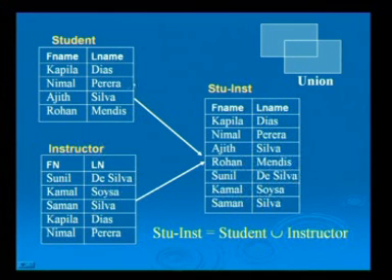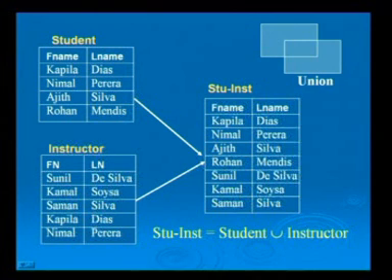This is, let us say, one relation called student and another relation called instructor, and we are going to apply the union operation on these two relations. First, as I mentioned, they have to be union compatible. To see whether they are union compatible, you can see whether the degrees are the same.